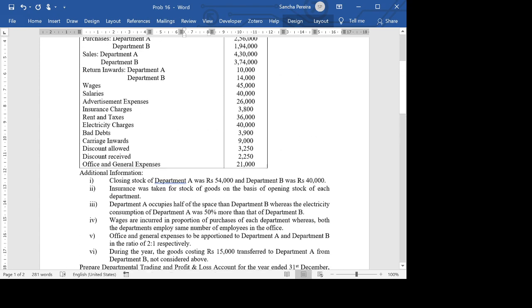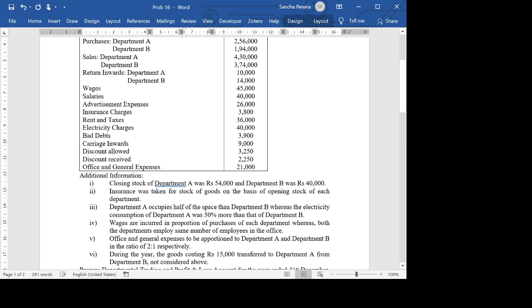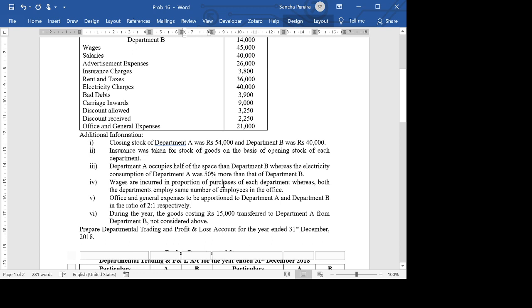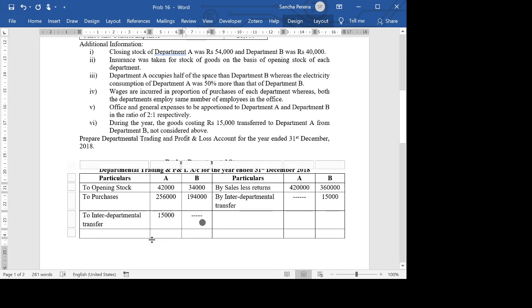Now we need to go and check how these expenses have to be divided. We will start with wages. They've said wages are incurred in proportion of purchases of each department, whereas both the departments employ the same number of employees, that's for salaries. So wages have to be divided in the ratio of purchases.